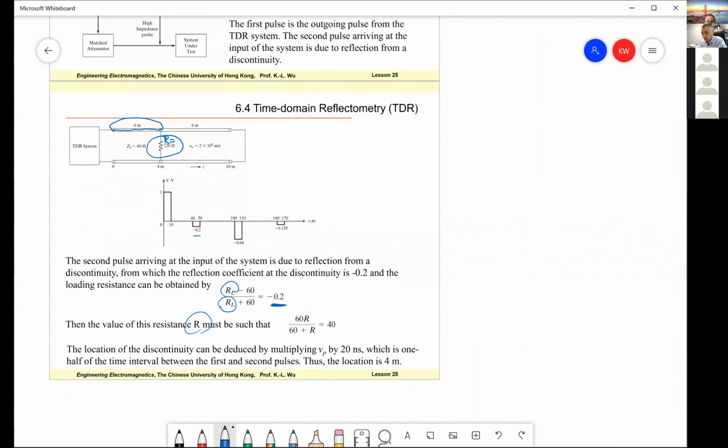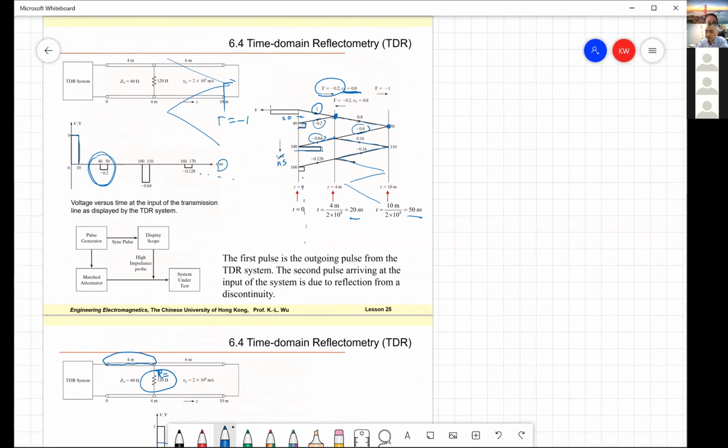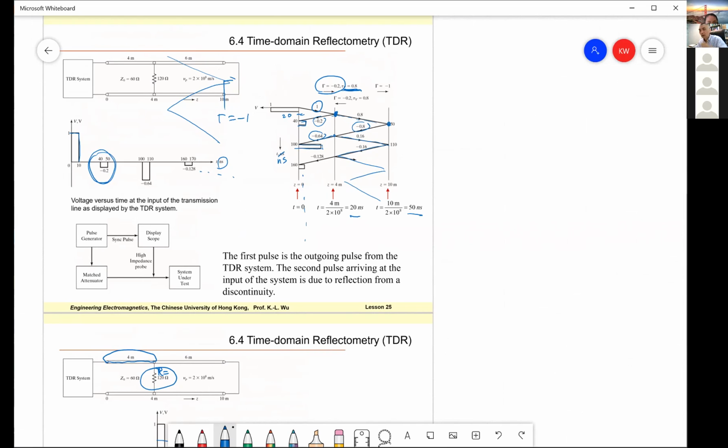And from this duration, this is our t, and then we know the speed. We can identify the location, which is 4 meters. Even though we did this analysis of the pulse response, we only need to make good use of the first response. This part is the most useful part.